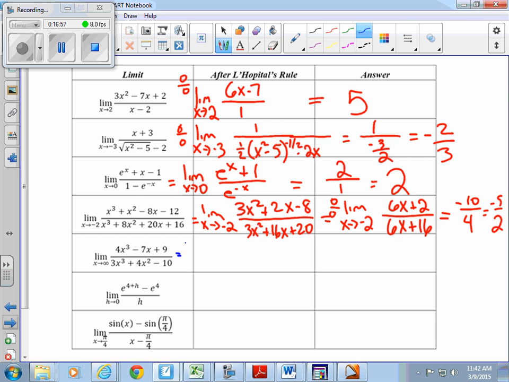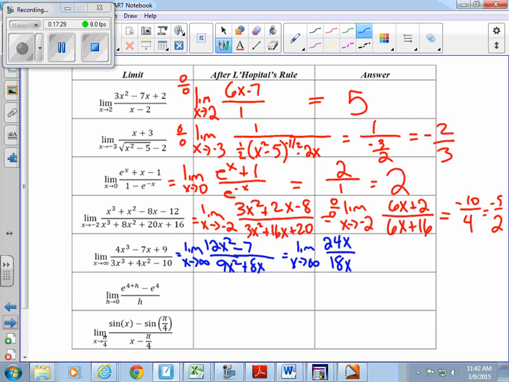I would get the limit as x approaches infinity of 12x squared over 9x squared, and I still get minus 7 and plus 8x. Which is the limit as x approaches infinity. Again, infinity over infinity, right? 24x over 18x.